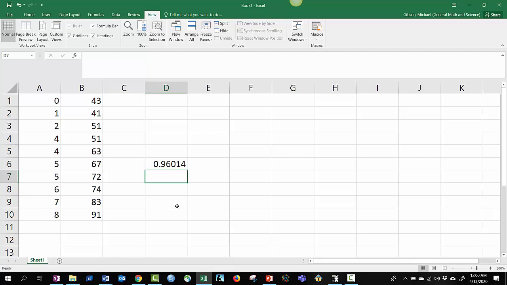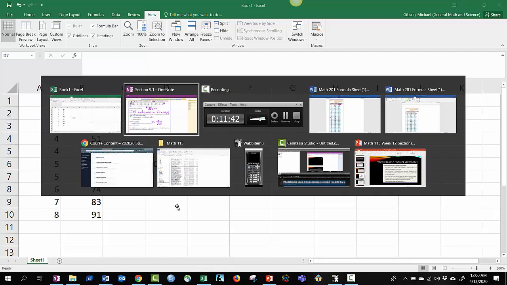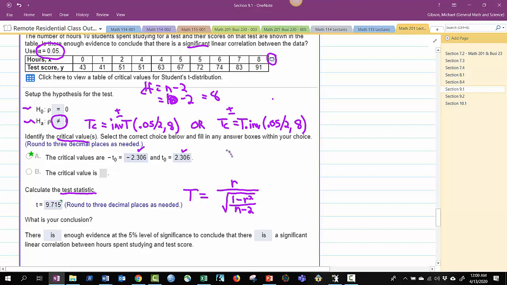All right, 0.96014. Okay, so we've now got R equals 0.96014. You see for the test statistic, you punch in R, square root of 1 minus R squared, divide it by the n-2. In this case, that's 8, and out this comes.